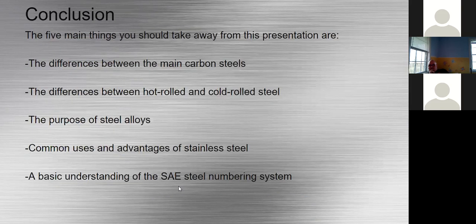Okay, conclusion. The five main things I want you to walk away with from this presentation are the differences between the main carbon steels, the difference between hot rolled and cold rolled steel, the purpose of steel alloys, common advantages of stainless steel, and a basic understanding of the SAE steel numbering system.